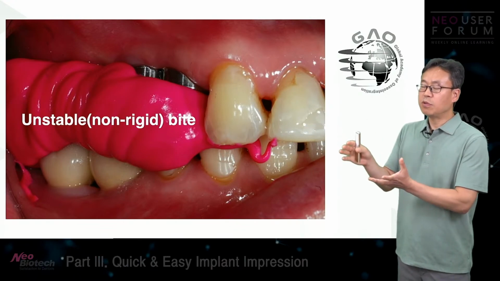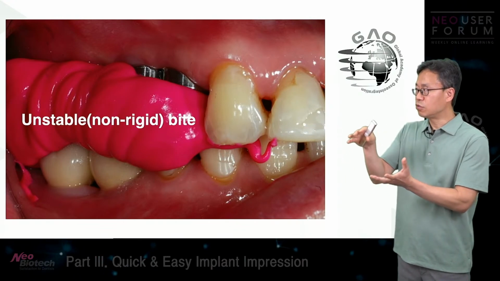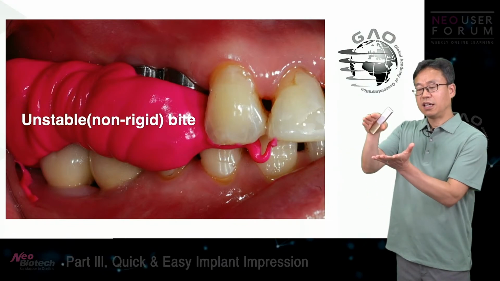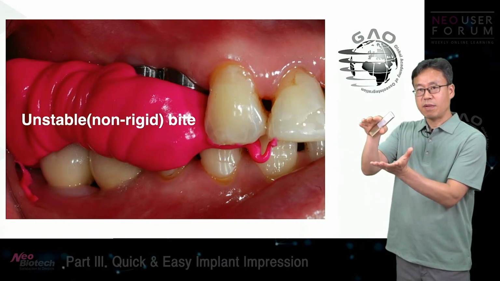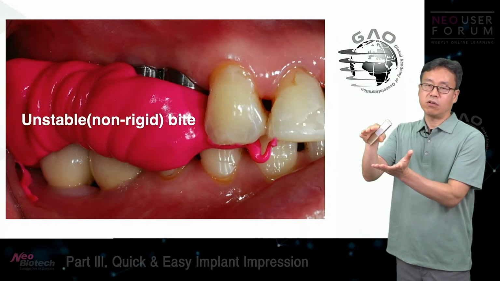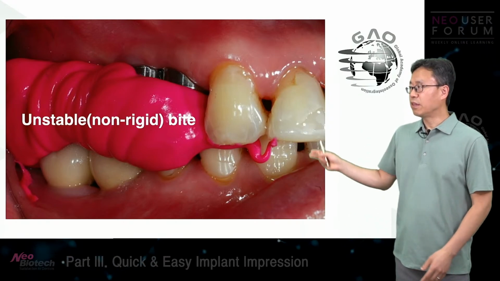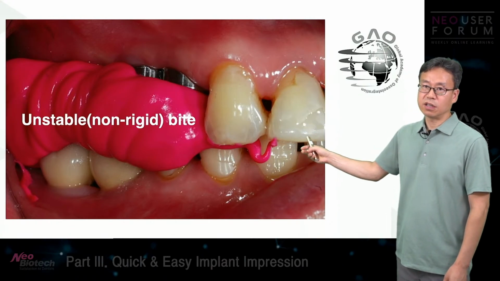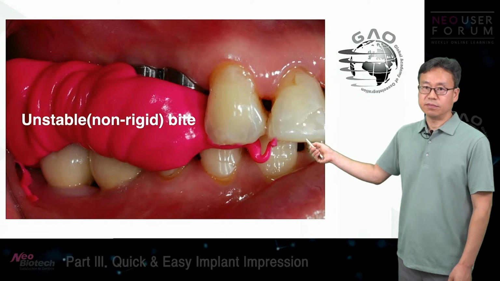So when someone tries to mount those two models with this type of bite registration, it can cause some vertical errors. So I don't think this type of bite registration is accurate enough.